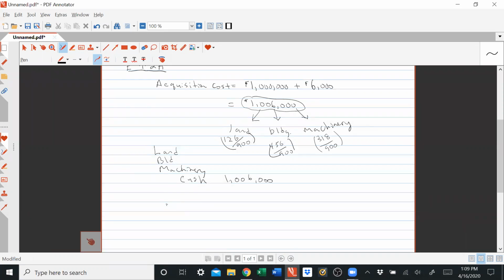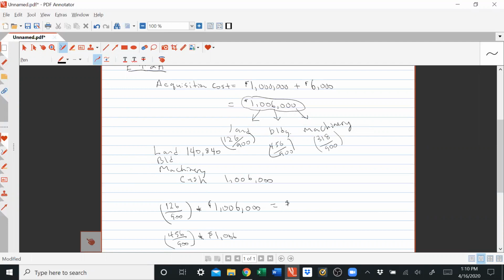So if we do 126 over 900 multiplied by 1,006,000, that gets the land debit. And that one is 140,840. If we do the building, 456 divided by 900, that's the relative market value of the building. Relative to the total assessed market value, the building was assessed 456 of the 900,000.